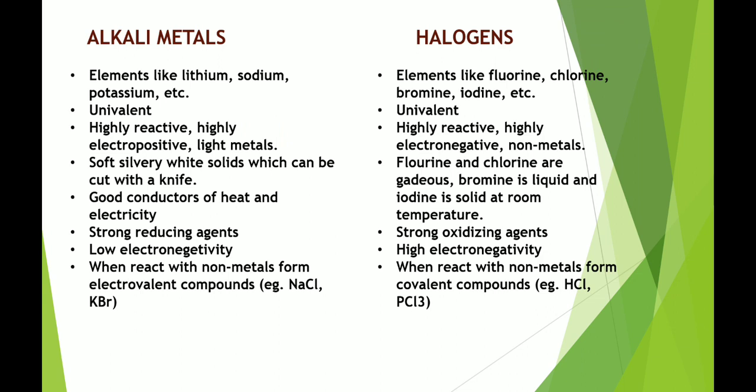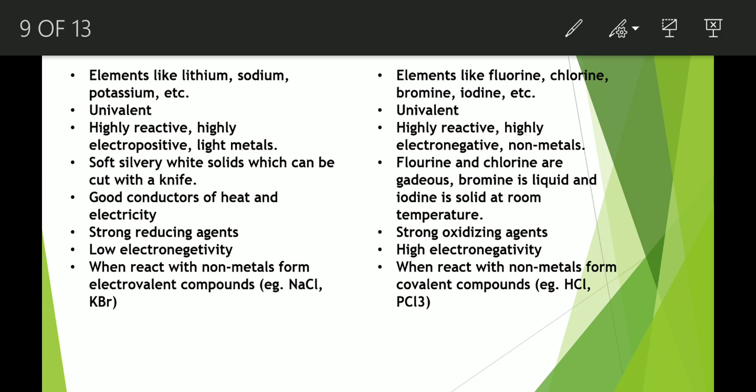Alkali metals are usually soft. They are white solids which can be cut with a knife. But halogens show different states of matter. Like fluorine and chlorine are gases. Bromine is liquid and iodine is solid at room temperature. So different states of matter are represented by halogens.